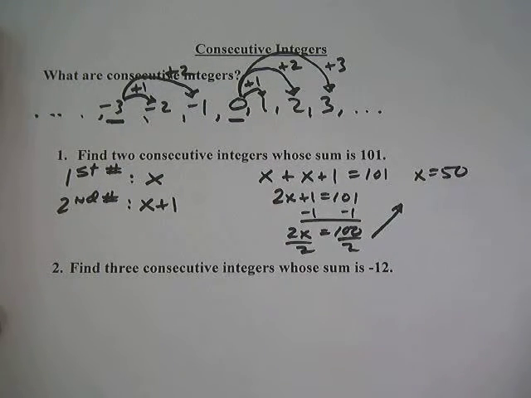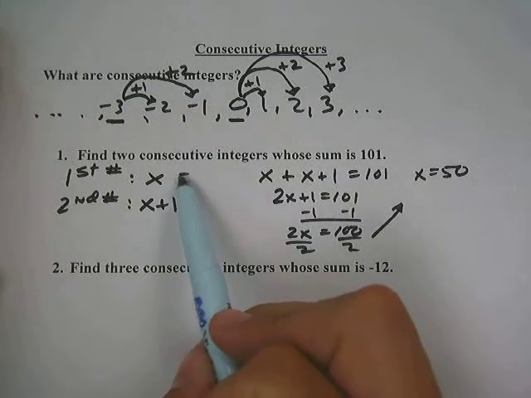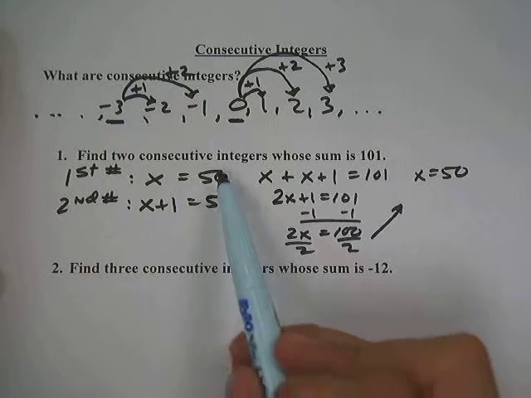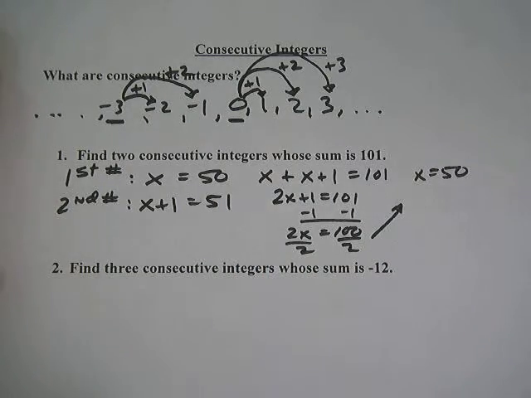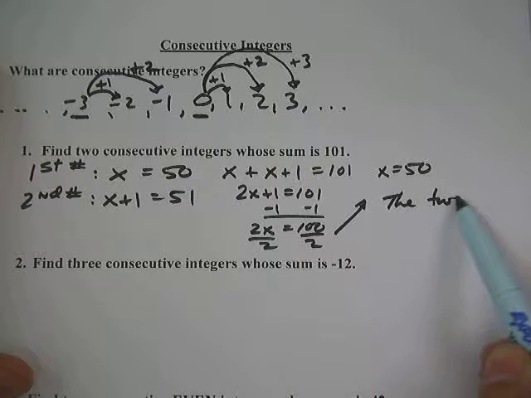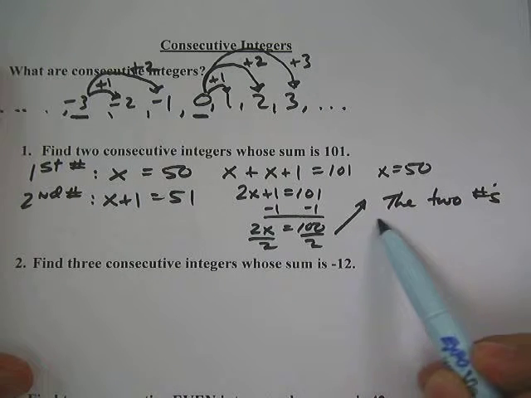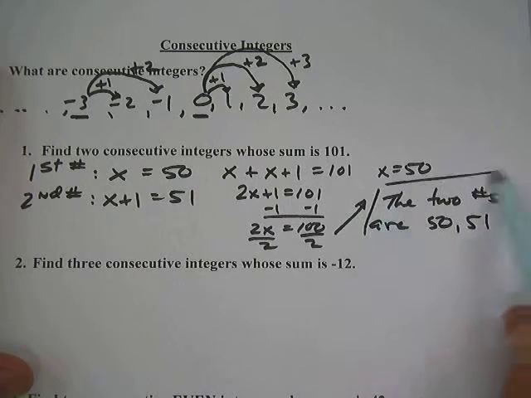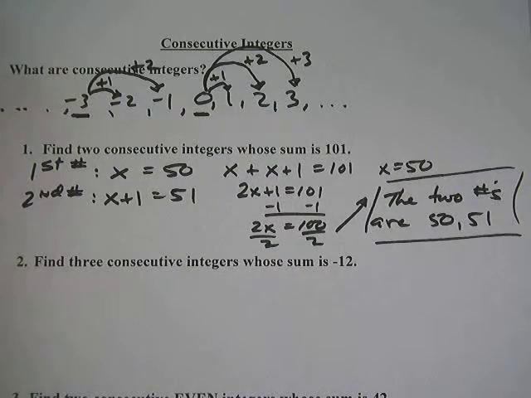And so x is 50. So if x is 50, that means the next number has to be 51. And does 50 plus 51 add up to 101? Sure does. So the two numbers are 50 and 51. There you go.